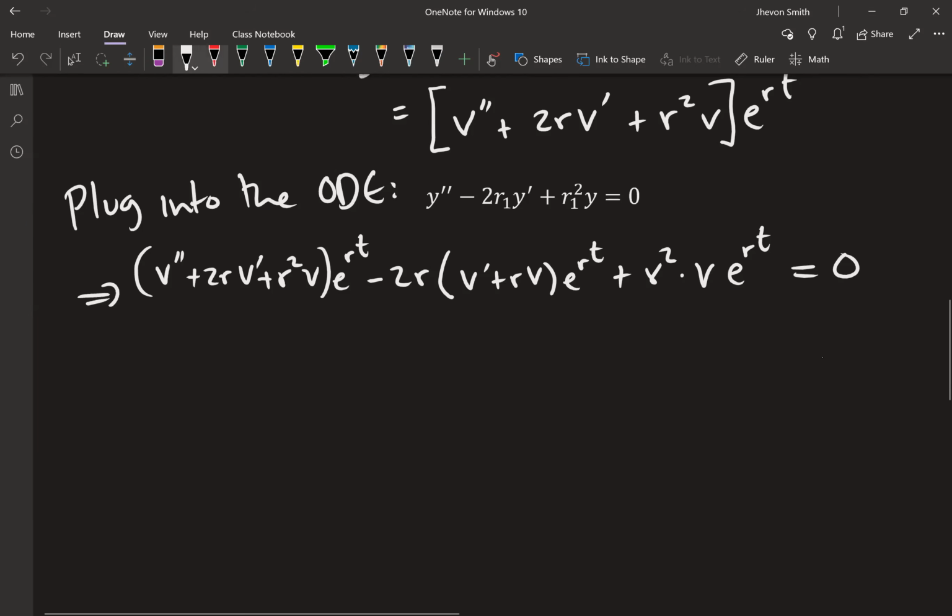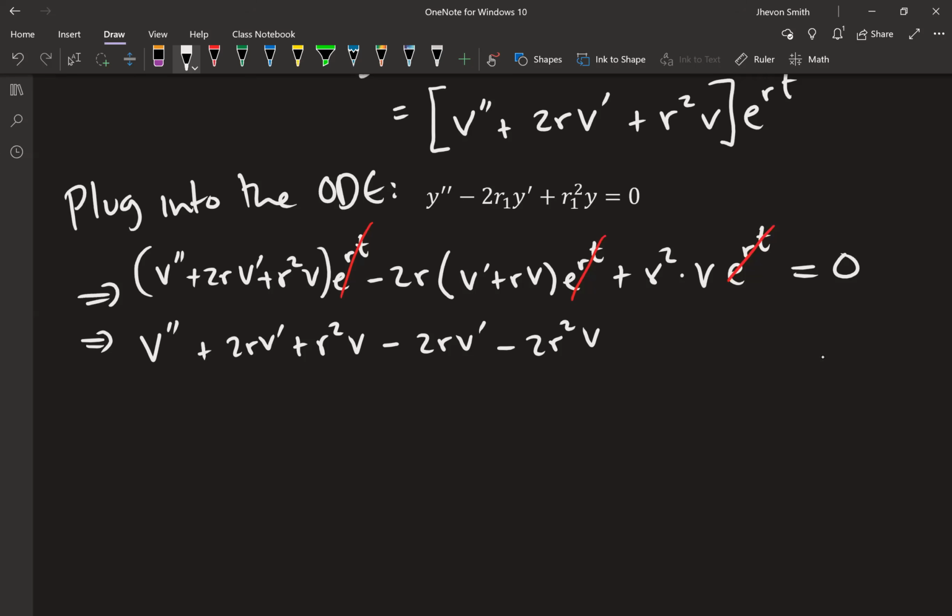Now, notice here that I can divide both sides by e to the rt because it's non-zero. I can then start combining terms here. So here I would have v double prime plus 2rv prime plus r squared v minus 2rv prime minus 2r squared v plus r squared v equals 0.